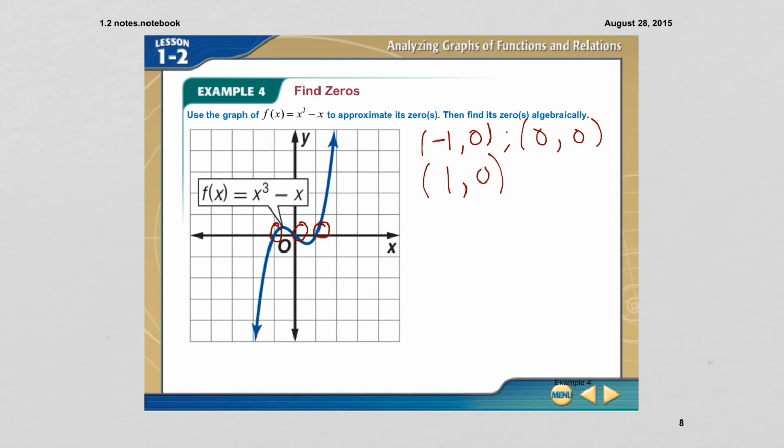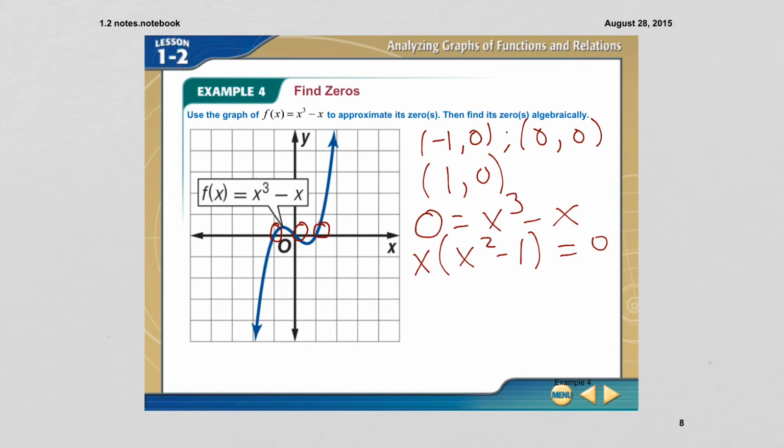Okay, now we find it algebraically. Well, if we look at all of our points that we had previously, it's the y that is 0 this time. So we set our equation, f of x, equal to 0, so that's 0 equals x cubed minus x. Okay, it's set up to be solved, so we have to factor to solve. So we factor, and that gives me x as a common factor, and that gives me x squared minus 1 equals 0.